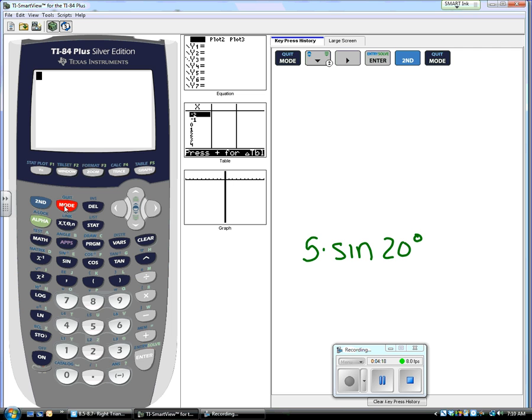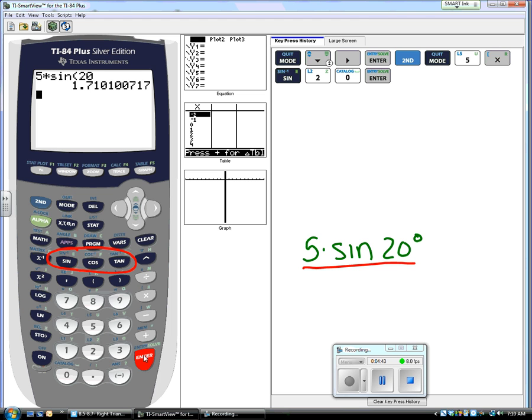And now your sine, cosine, and tangent buttons are right here. I remember it was a very exciting day in my math classes when I finally got to use those sine, cosine, and tangent buttons. All you're going to do is type exactly 5 sine 20 into your calculator. So 5 times the sine of 20, it's already in degree mode.